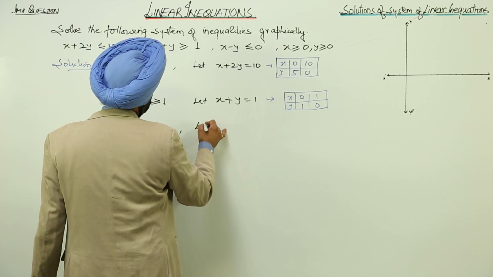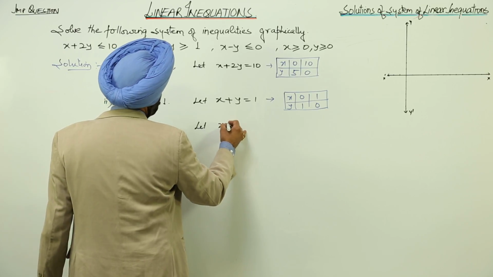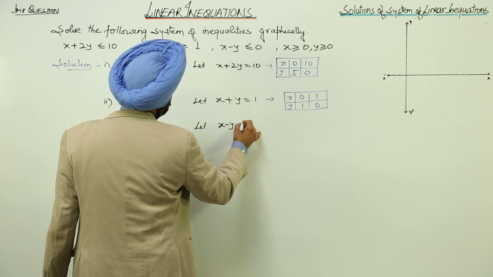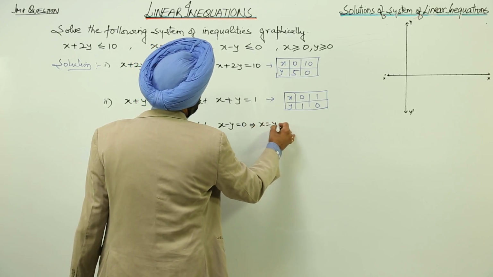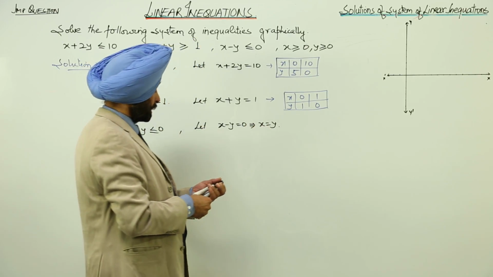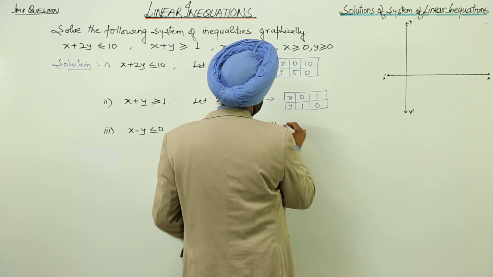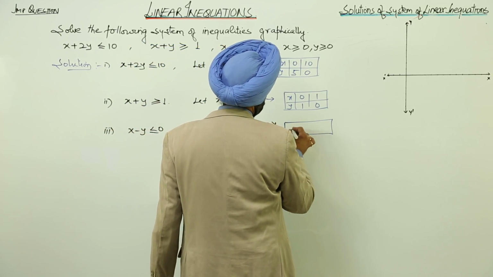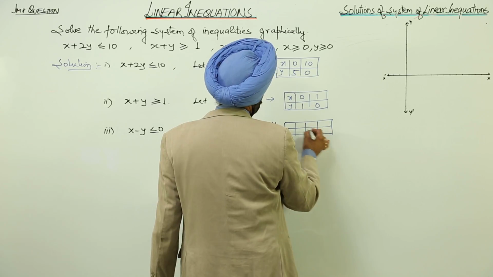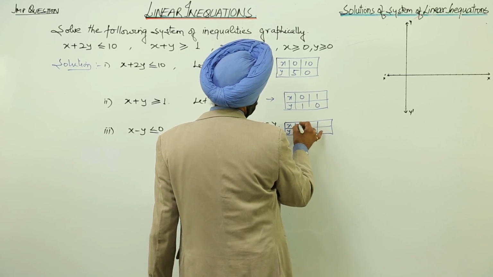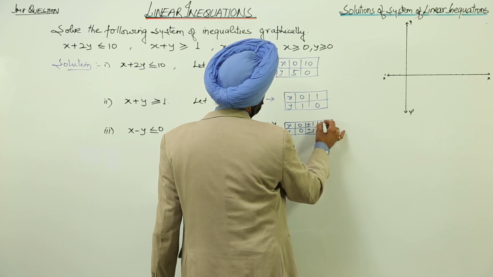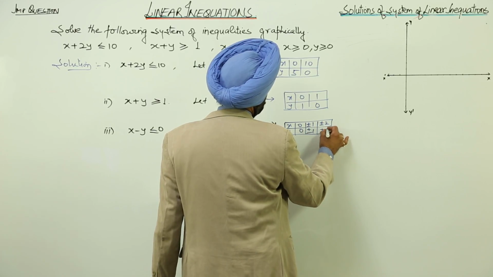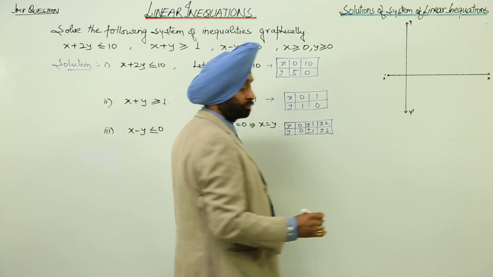Now let x minus y is equal to 0, and this implies x is equal to y. Okay, so for this we are having x, y: 0, 0, plus minus 1, plus minus 1, plus minus 2, plus minus 2 and so on.